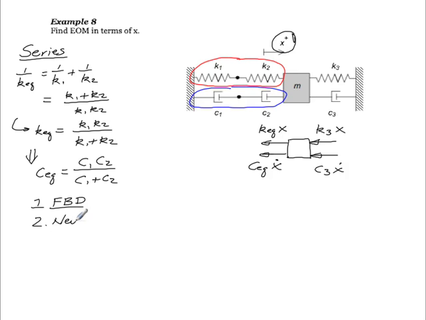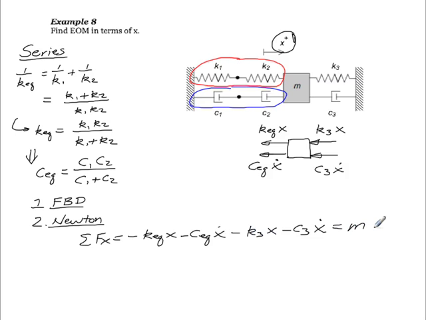For step 2, our Newton. If I sum forces in x, I get minus K equivalent x minus C equivalent times x dot, minus K3 x minus C3 x dot like that. And that's equal to the mass times the acceleration x double dot. And that's it.